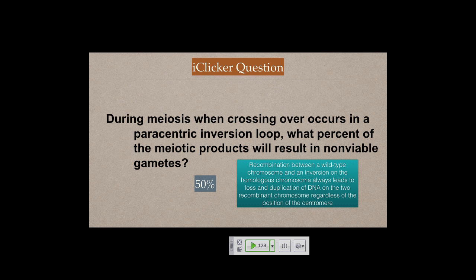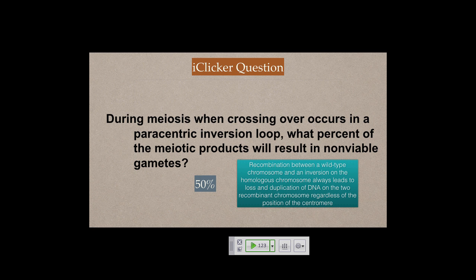The key part of this is it's got to be between the wild type sequence and the actual sequences that were inverted. If it occurs outside the points where it was inverted, then everything's fine. It's just that they're misaligned because of the way they have to realign through the inversion, which is why you end up with the recombinant chromosomes being non-viable.